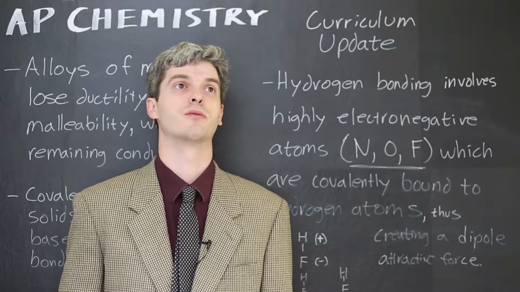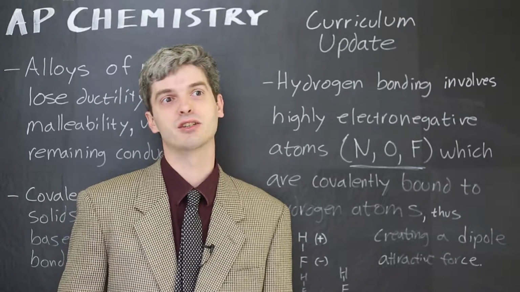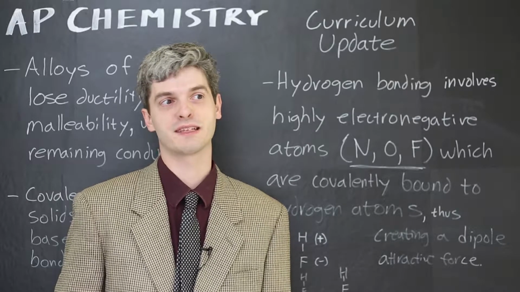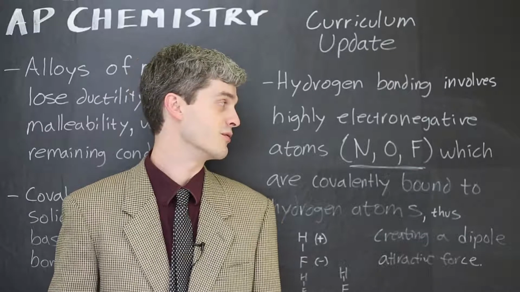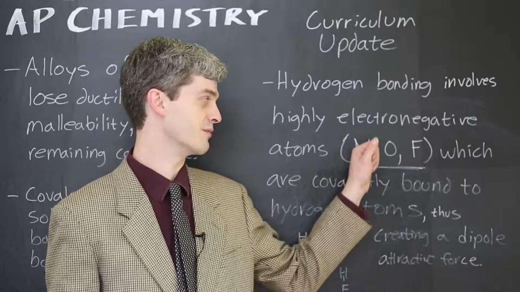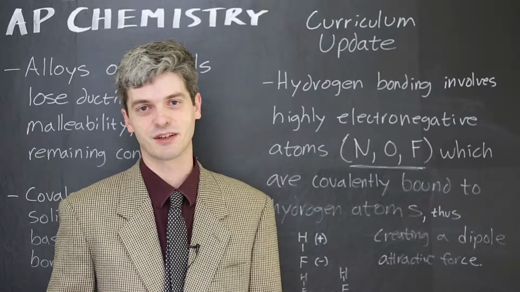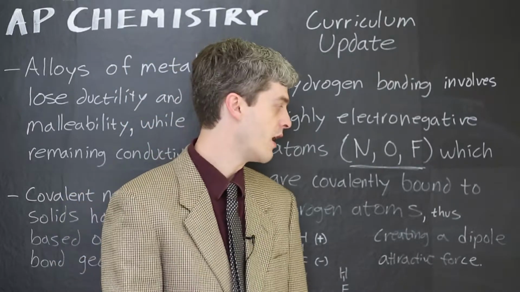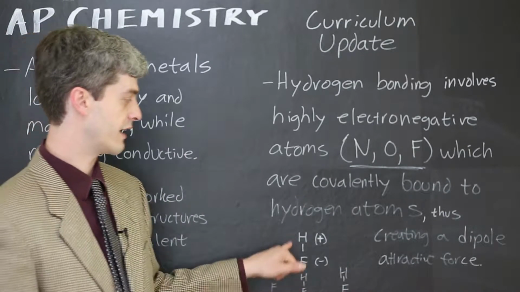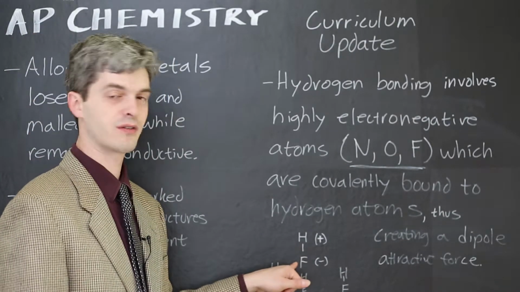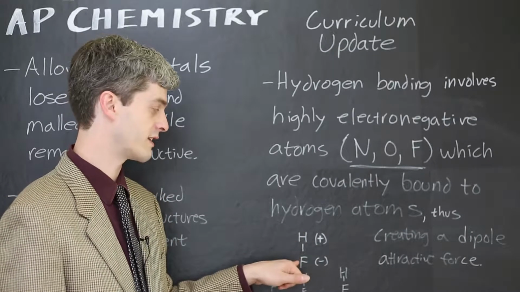And what that means is that when you see an equation where they're asking you what is happening in this reaction, why is there something going on here, and there is a presence of a hydrogen bound to a nitrogen, an oxygen, or a fluorine, be suspicious that that's what they're asking you to think about, is hydrogen bonding. So the way this works, you've got hydrogen bound to a fluorine. Because the fluorine is more electronegative, the electrons are going to spend more of their time down on the fluorine side.